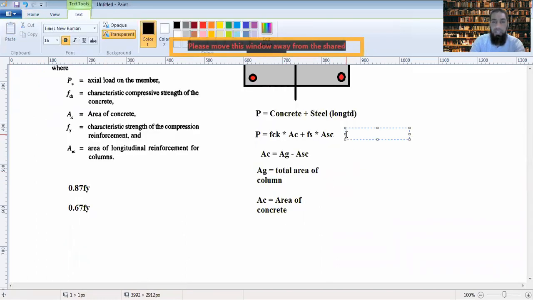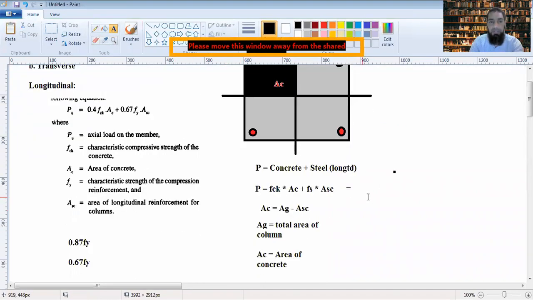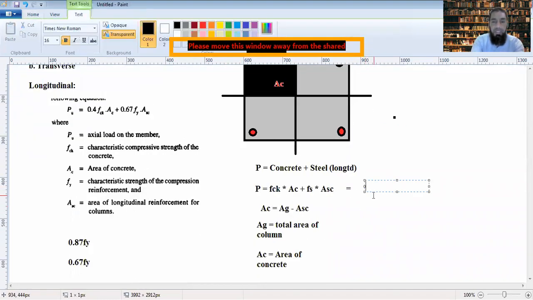So we can write this equation as, FCK, you have to go for 0.4 times FCK for design strength.